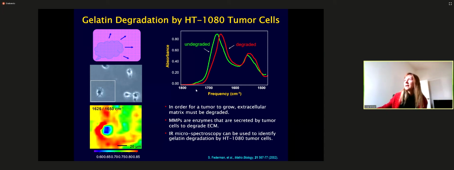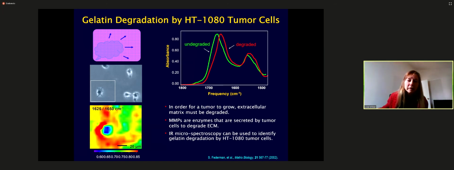Well, basically MMPs for short are enzymes that a tumor has that will basically degrade or chew away the healthy tissue around them. So as a tumor grows, it needs to have space to grow. And in order for this tumor to make space, it has to degrade or remove some of the healthy tissue around it.